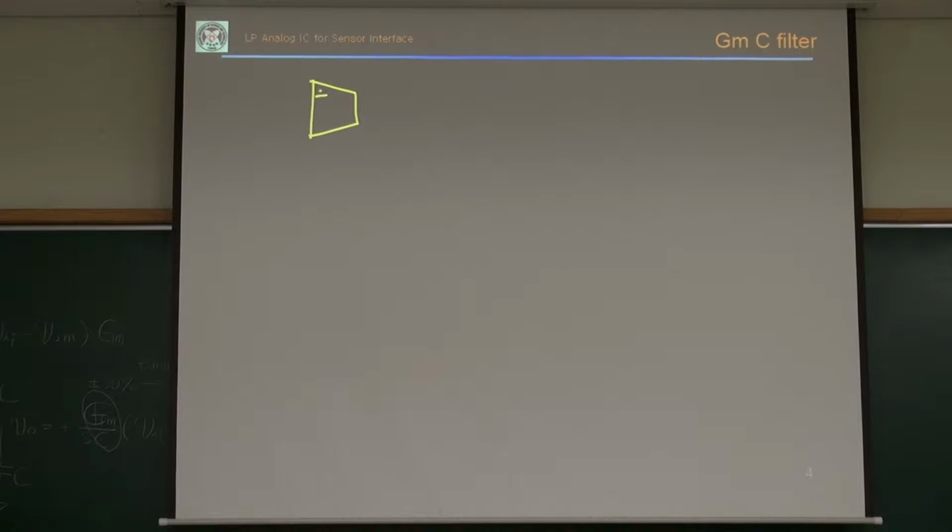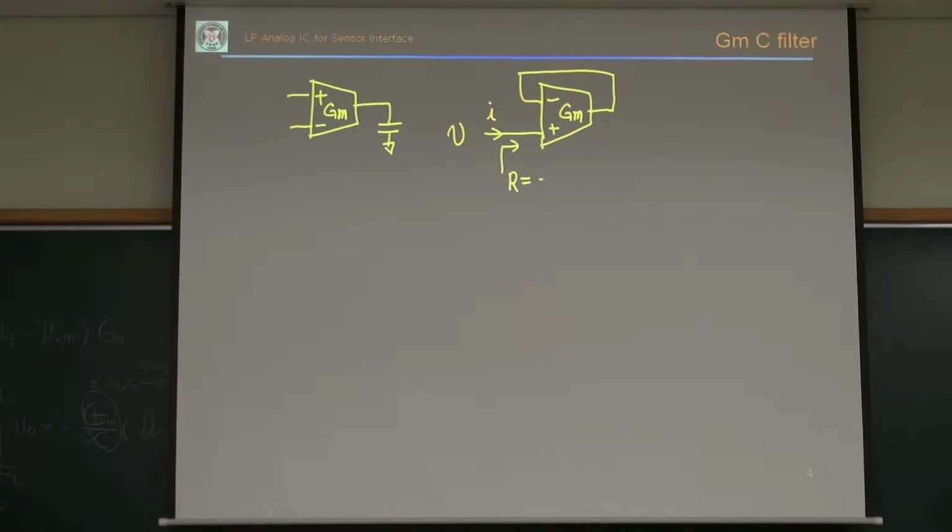We saw an integrator. This is my GMC integrator, right? And then we can make a resistor. Then this is my resistor. My resistance is just 1 over GM.